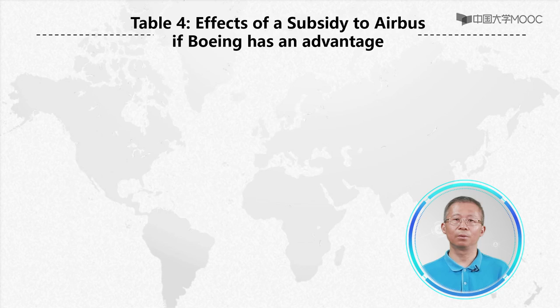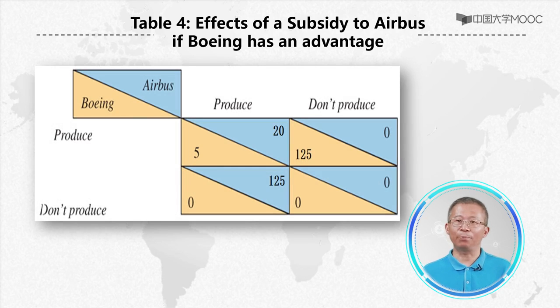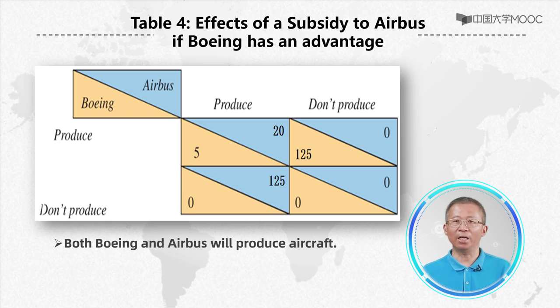Now suppose that, as in the previous case, the European government provides a subsidy of 25 to induce Airbus to produce. In this case, Airbus' best decision is to produce and to earn a profit of 20 rather than 0. Given that Airbus produces, then Boeing earns a profit of 5 when it produces and 0 when it does not. Both Boeing and Airbus will produce aircraft.